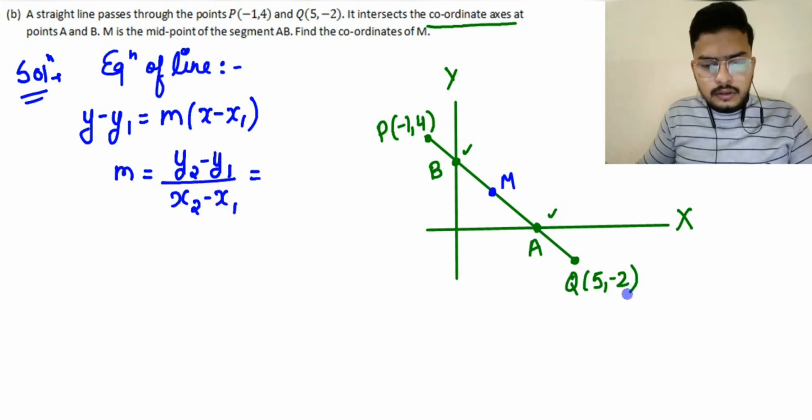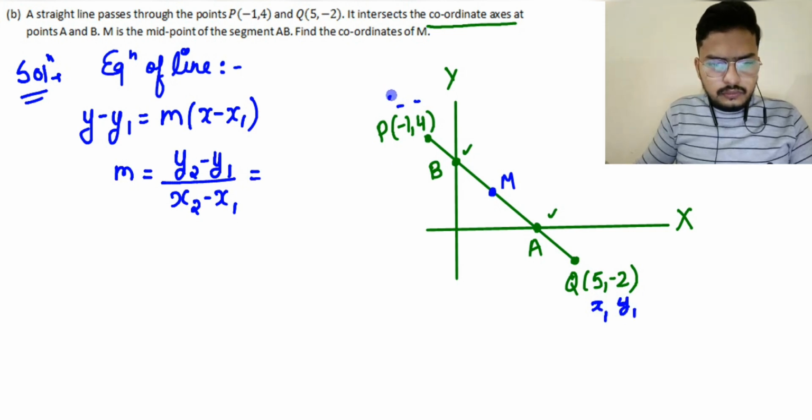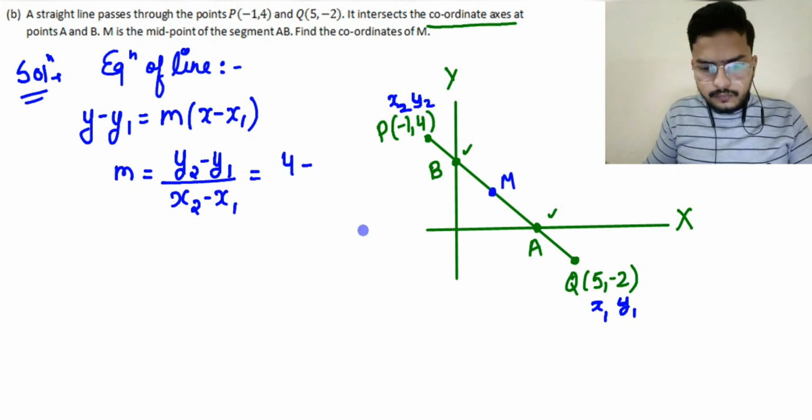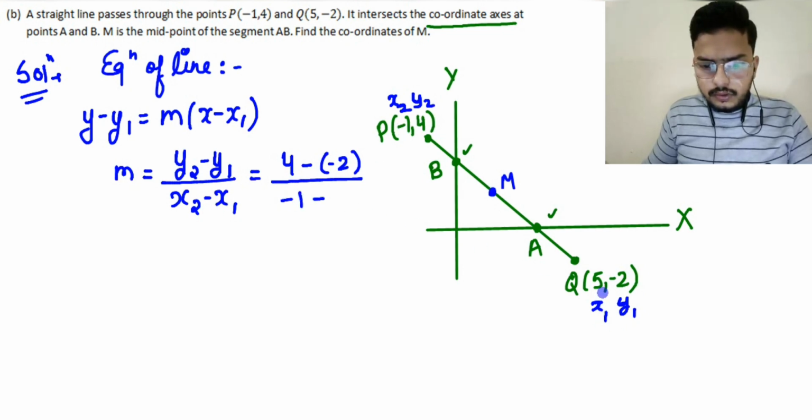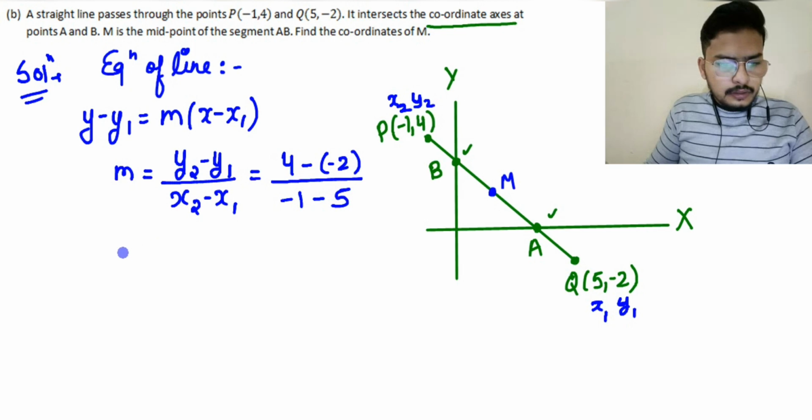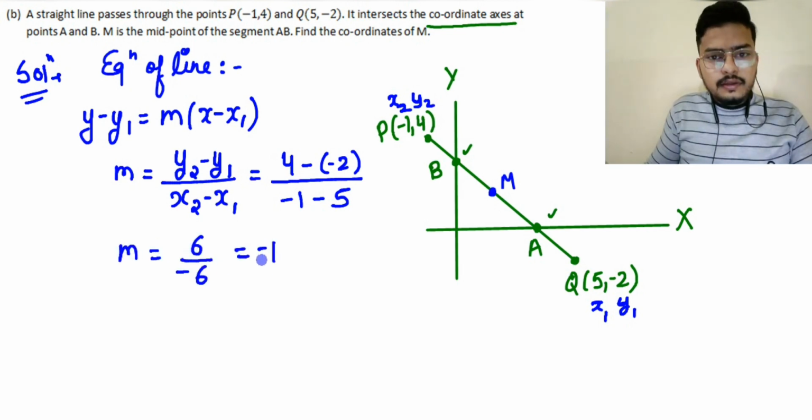I am taking this one as x1, y1 and this one as x2, y2. So y2 is 4 minus y1, which is -2, upon x2, which is -1, minus x1, which is 5. So m is 6 upon -6, that is -1. So the slope here is -1.